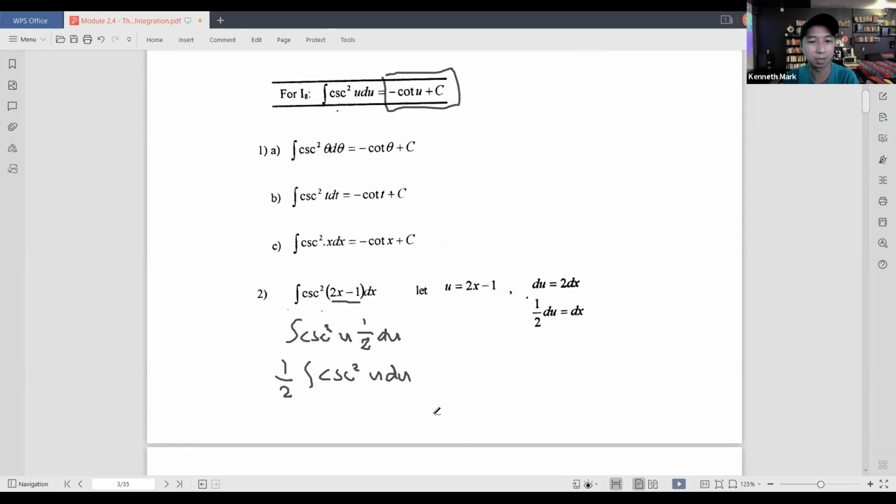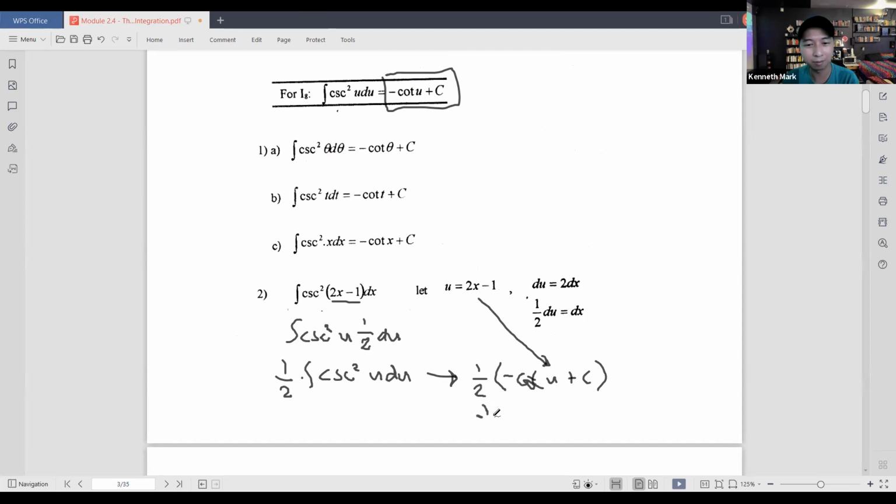Okay, you can use this one. So therefore, that is 1/2 integral of that one. So it will become times. Multiply tayo, multiply ito. Times negative cotangent of u plus c. Or that is, ano yung u mo? So balik natin to. Yung 2x minus 1.